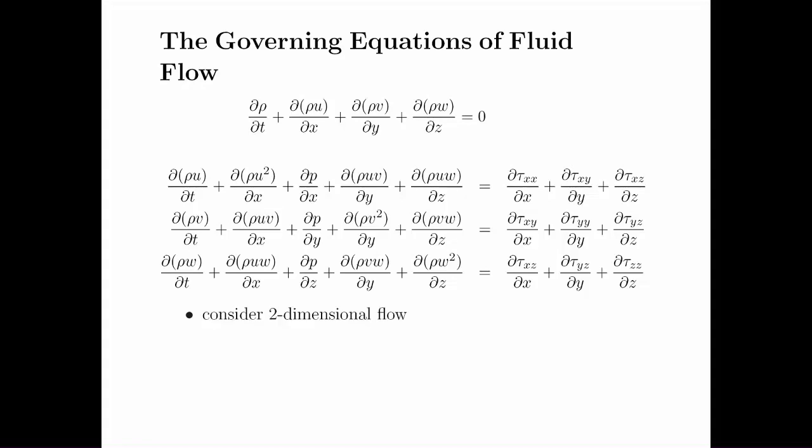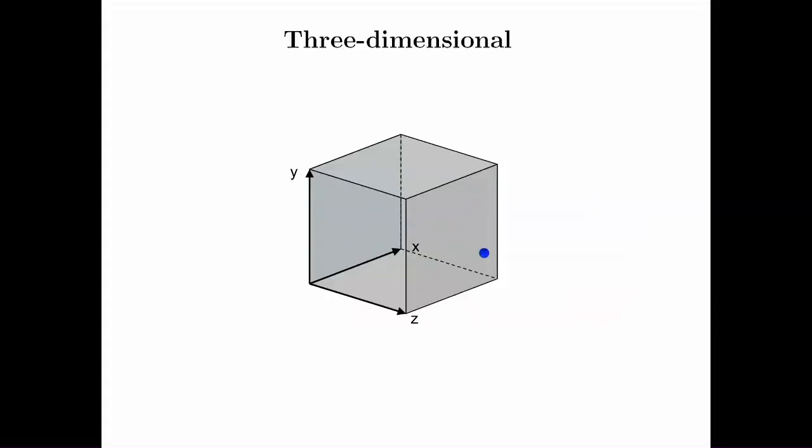So we're going to start trimming down this equation a little bit so that it's a bit more manageable. The first thing we want to do is consider a 2-dimensional flow. Did you all see that? Too fast. All right, so in 3-dimensional flow, if I have a particle, the particle can move in all x, y, and z. It can go everywhere in that domain.